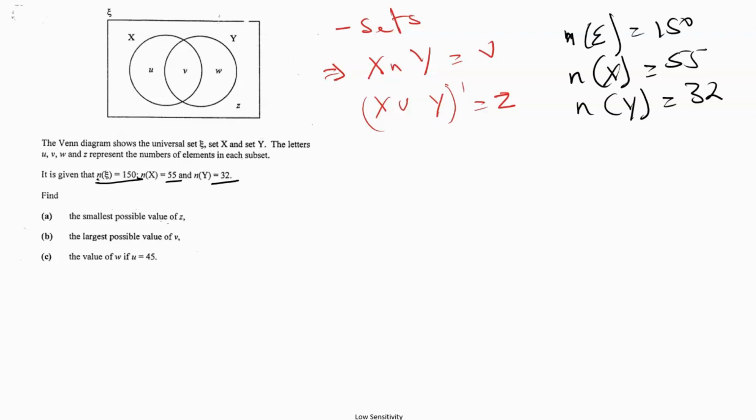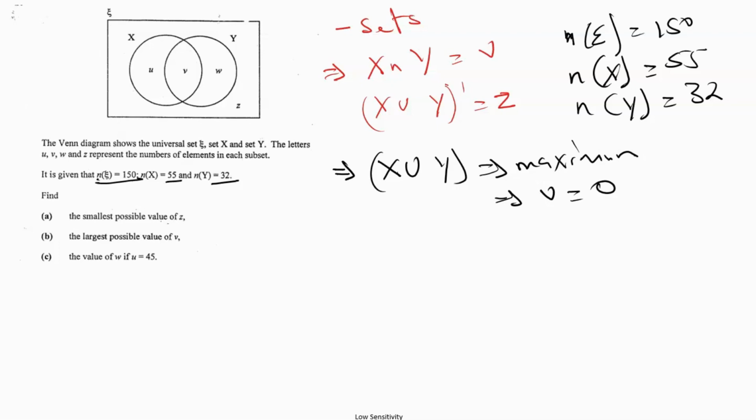That's the highest we can get, right? So in order for X union Y to be at its maximum, we need V to be 0.